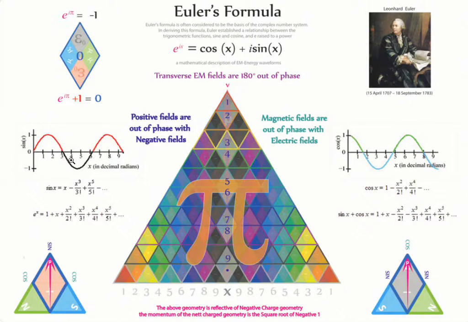Tetryonics, using these quadrature or electric and magnetic fields and the normal distribution of energy, quickly reveals that we have positive and negative charge fields, and that the electric is 90 degrees out of phase with the magnetic fields as we plot their field strengths.